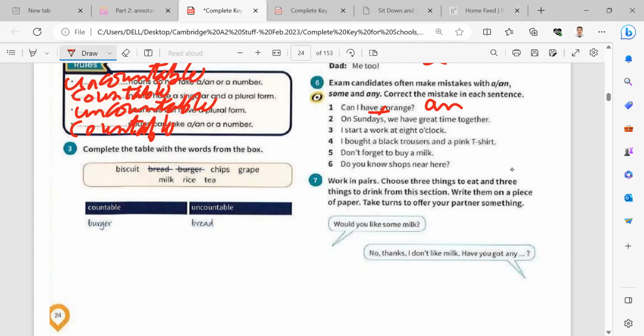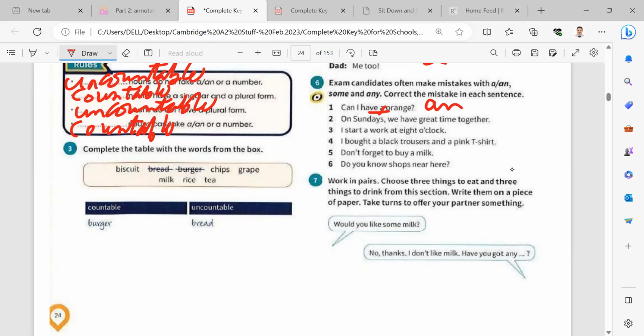Like on Fridays, meaning every Friday. On Sundays means every Sunday you have a great time together. So just one Sunday, you can say on Sunday.